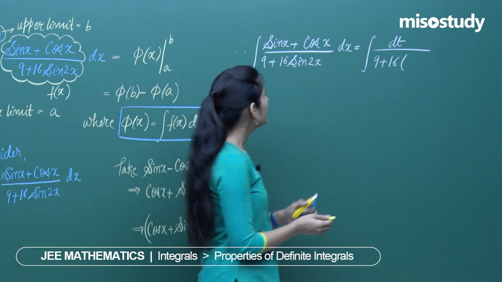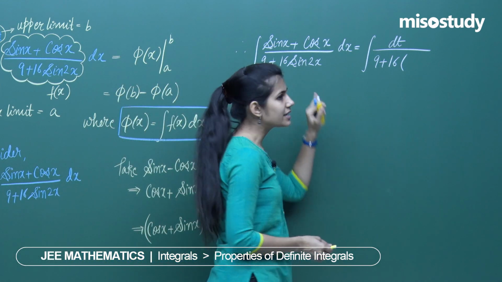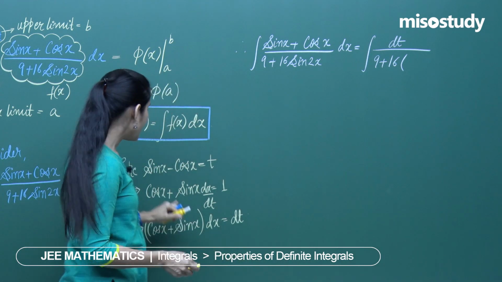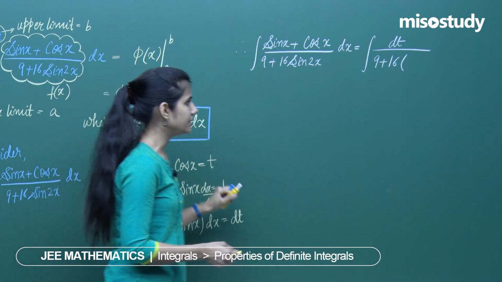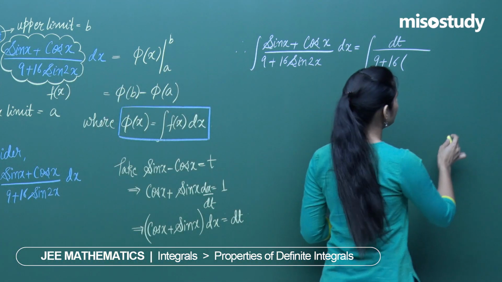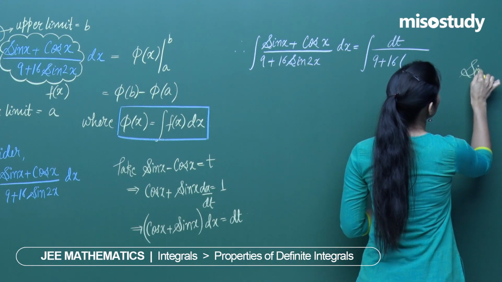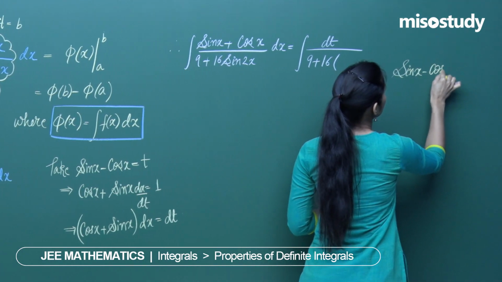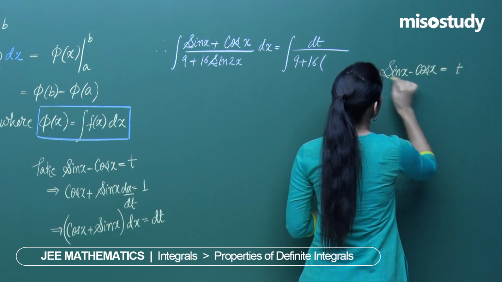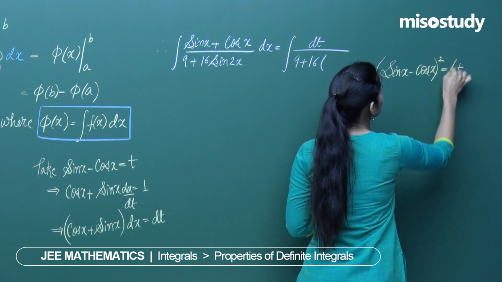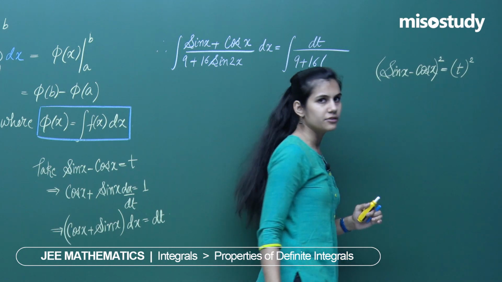So over here, how am I going to write sin 2x in terms of t? I have sin x minus cos x is t. Let's try to see how that will be used. If sin x minus cos x is t, then (sin x minus cos x) whole square is t square.